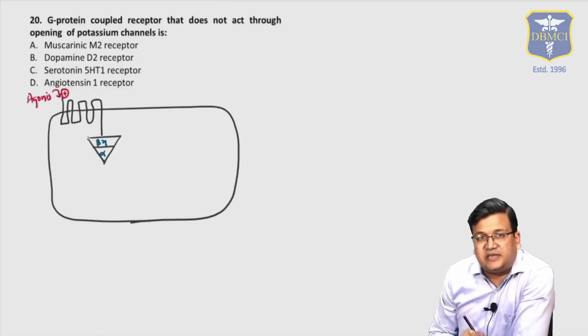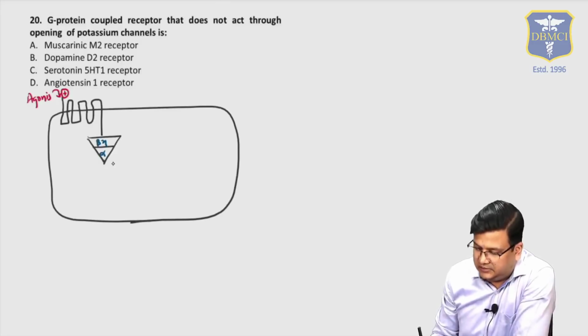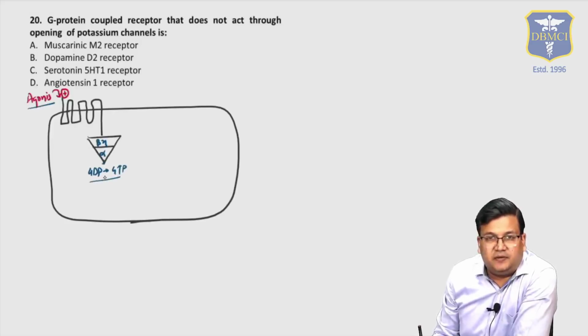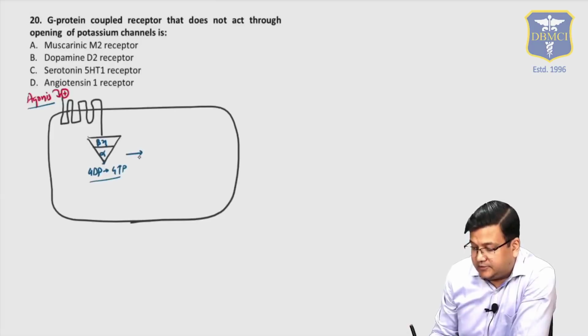Whenever this receptor is stimulated by agonist, what happens? This alpha unit will dissociate. The alpha unit is normally attached to GDP. The moment agonist binds, GDP will be replaced by GTP. So agonist binding replaces GDP with GTP and there will be dissociation.